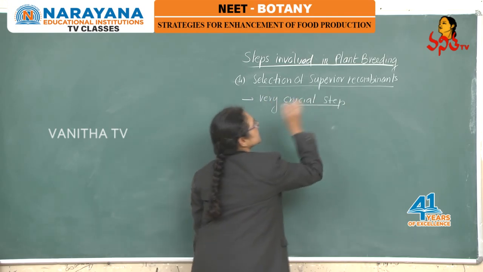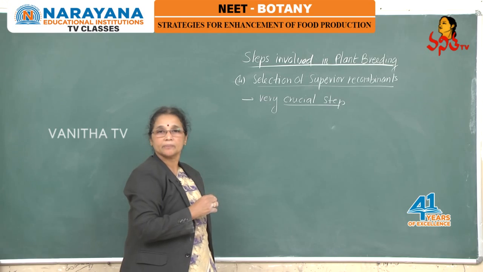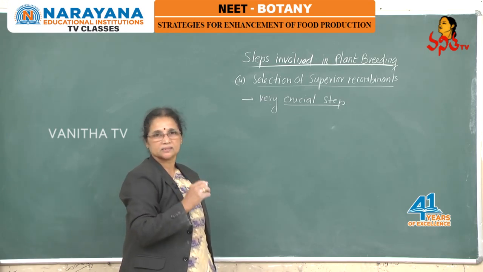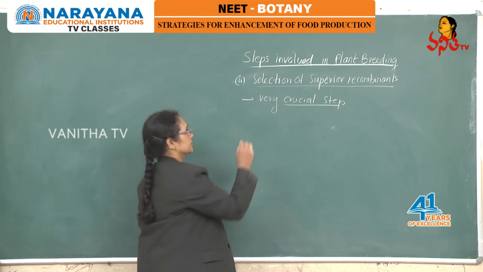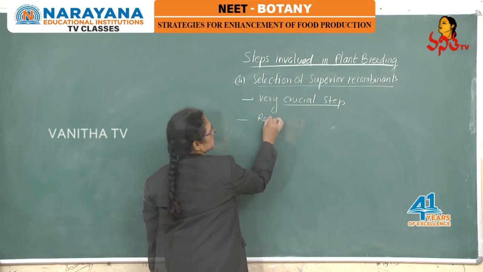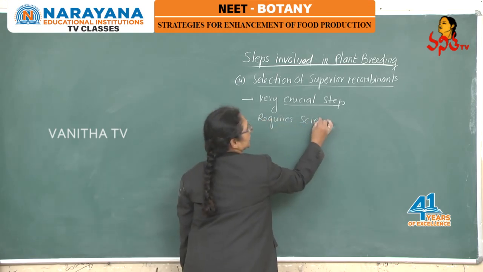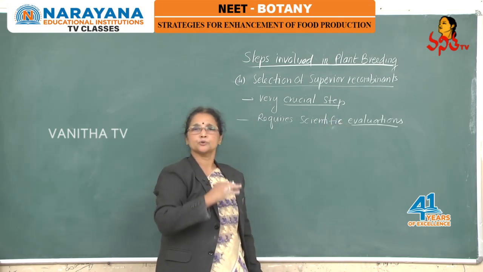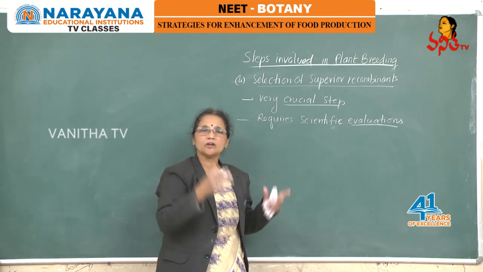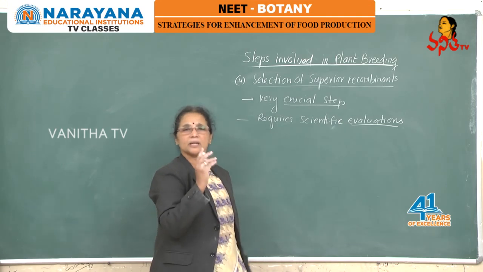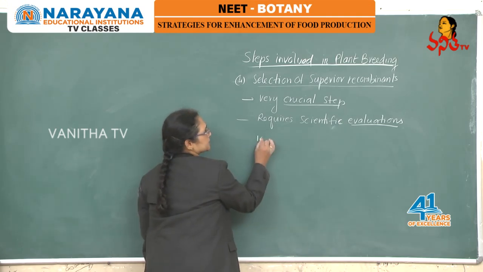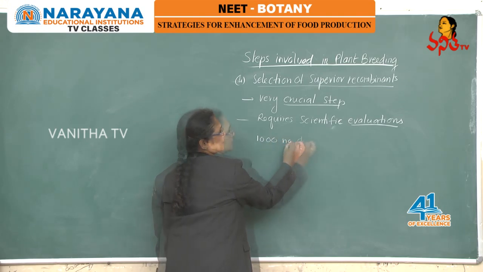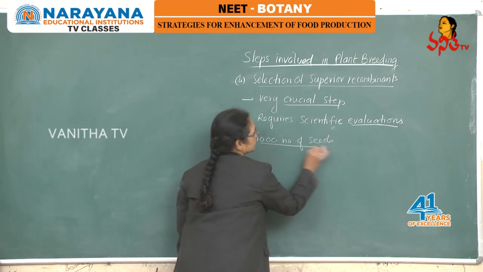It is a very crucial step in the process of plant breeding, because it requires scientific evaluation. Here we already crossed the two selected parents and they developed certain progeny. For example, let us think they produce about 1000 seeds.